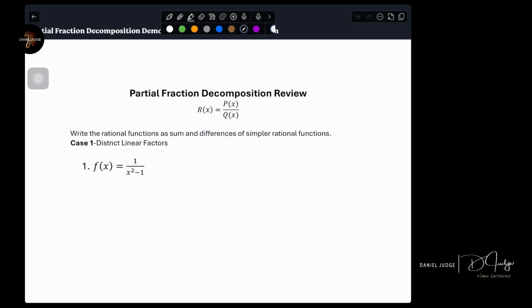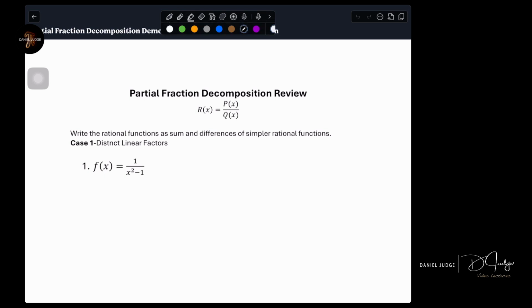Okay, what I'm going to go through here for all of you is a quick review of partial fraction decomposition. This is with the assumption that you've already had this in a pre-calculus course. So we're going to look at cases here.